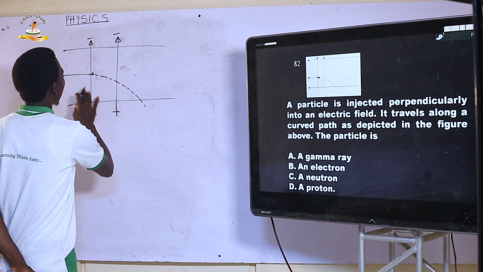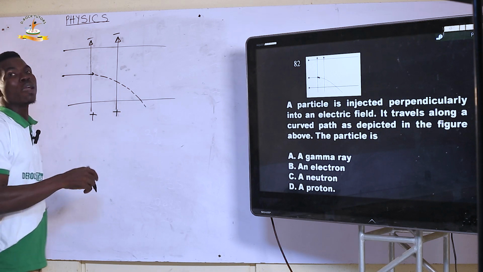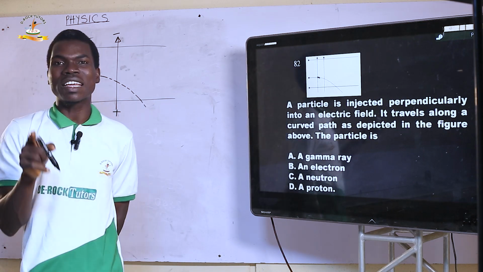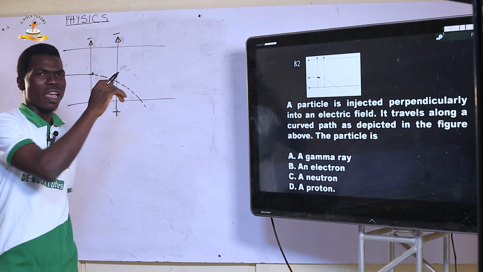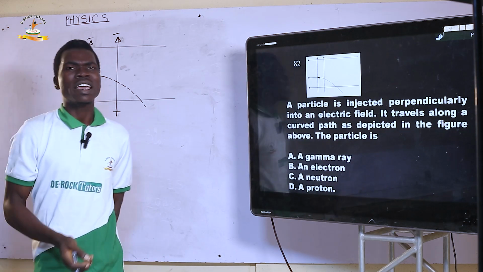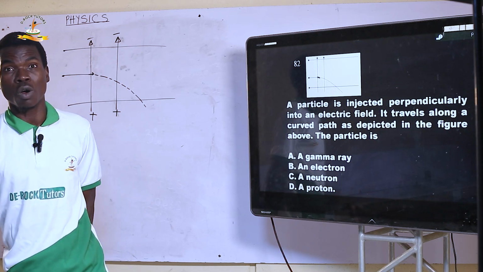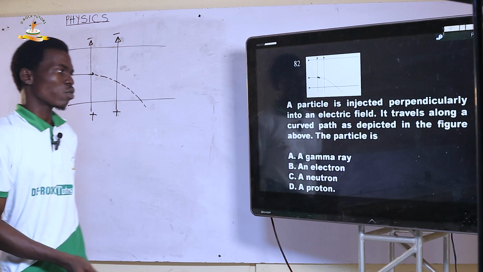So we say definitely for this body to be deflected towards the positive, it must be a negative particle. If it had gone up, then it would have been a positive particle. Because by electrostatics, like charges repel, and unlike charges attract. So let's look at this.